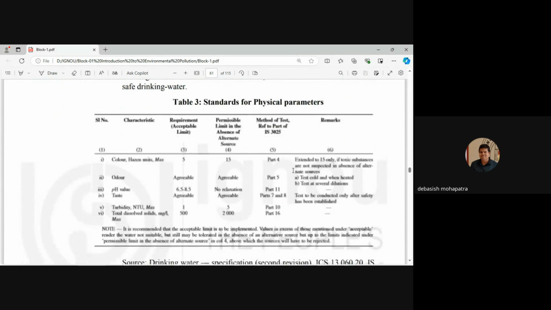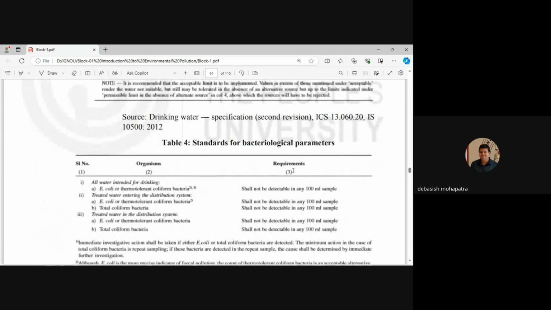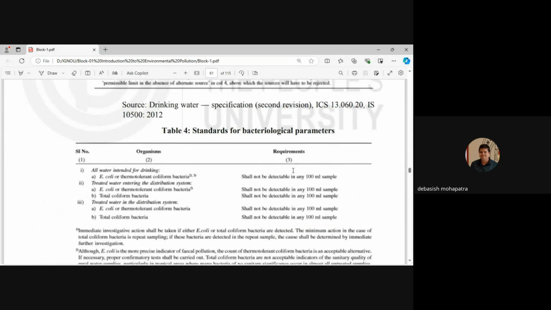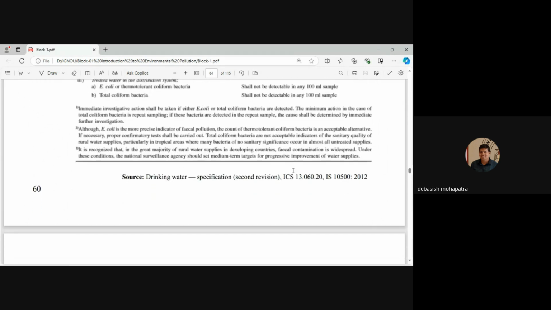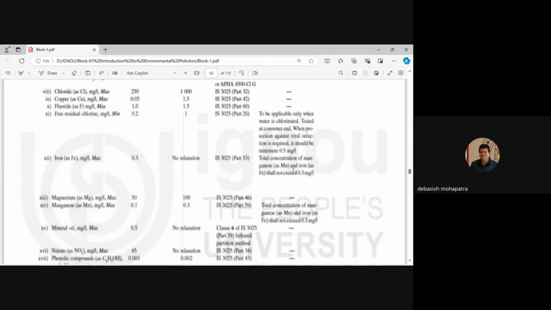So these are the parameters, okay, for standard of physical parameters for drinking water, standard of bacteria parameter for drinking water, standard for general parameter for drinking water.